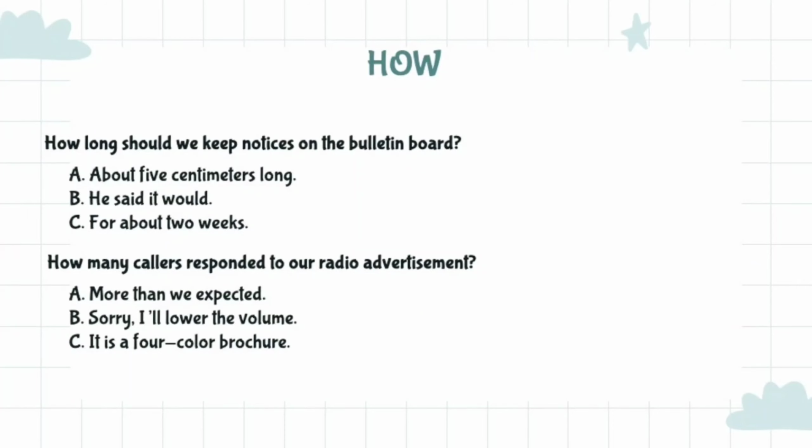Let's go to the next question. How many callers responded to our radio advertisement? A. More than we expected. B. Sorry, I lowered the volume. C. It is a 4-color brochure.